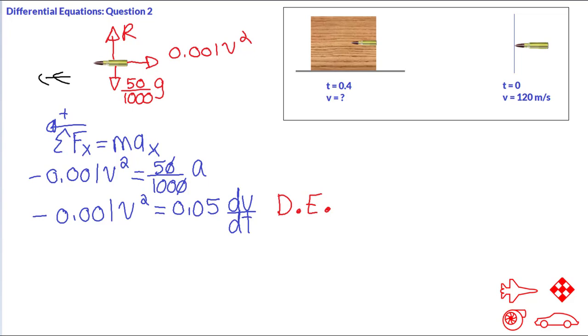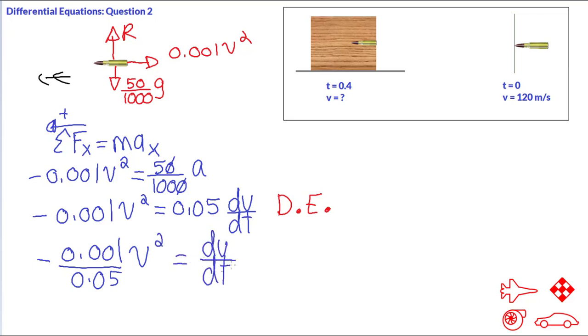Let's start by moving the 0.05 to this side. So it's going to be minus 0.001 divided by 0.05 v squared equals dv over dt.